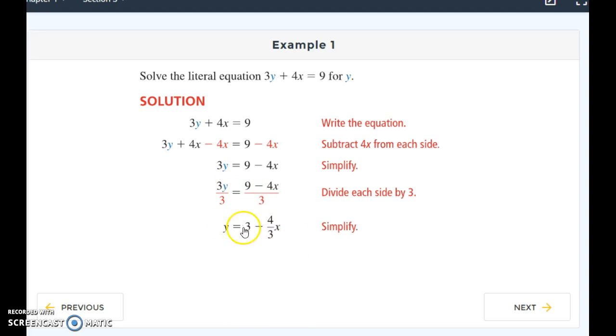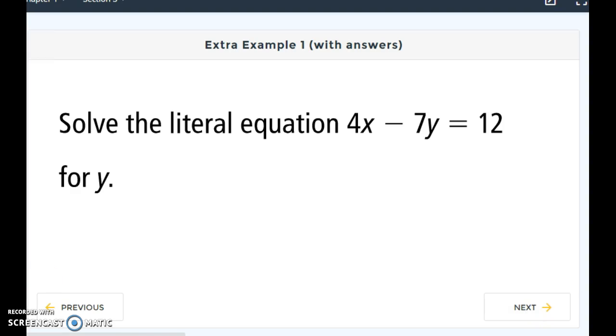This right here is my final answer. I can rewrite it as y equals 3 minus 4/3 x. These two equations are the same thing. And in a few units, you'll understand why we need to be able to go back and forth between these two forms.